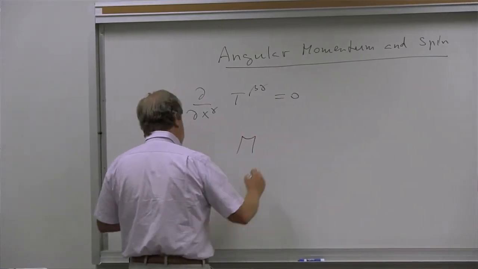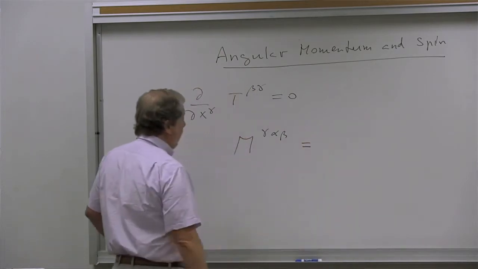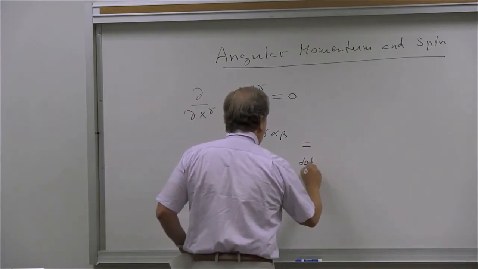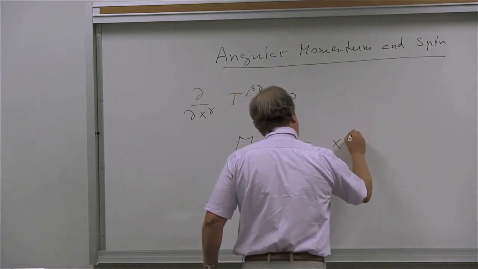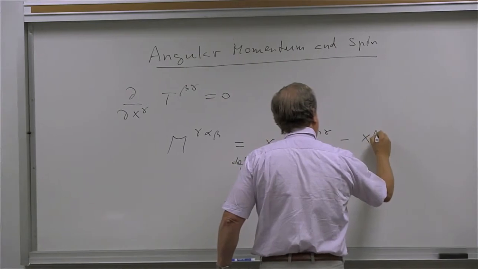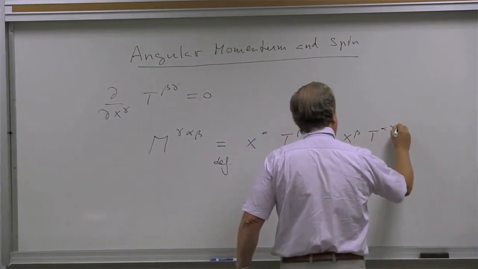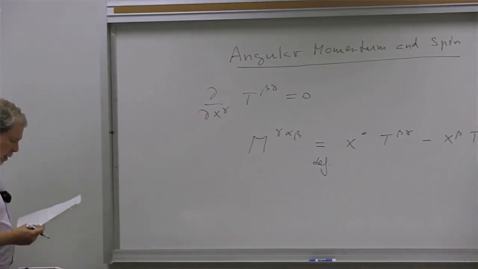We construct M gamma alpha beta, which is defined as x alpha T beta gamma minus x beta T alpha gamma. So we define an object in this way.